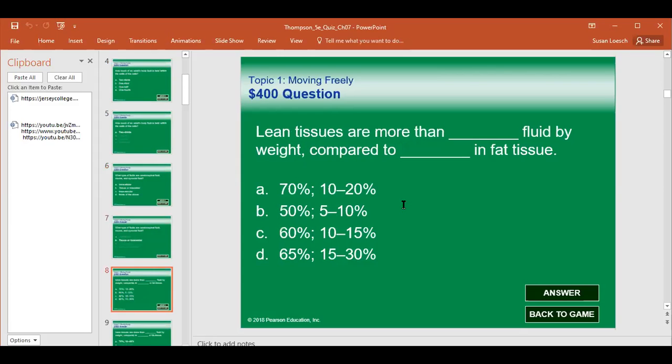Lean tissues are more than blank fluid by weight compared to blank in fat tissue.